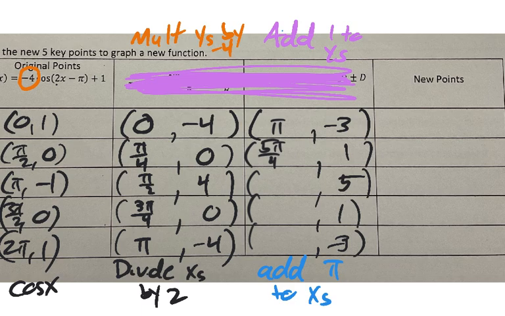This is 1/4. What's another way to say pi? It could be 4/4. So what's 1/4 plus 4/4 pi? 5/4 pi. And if I've got a whole pi, I've got 4/4 of pi. 4/4 pi plus 1/4 pi is 5/4 pi.